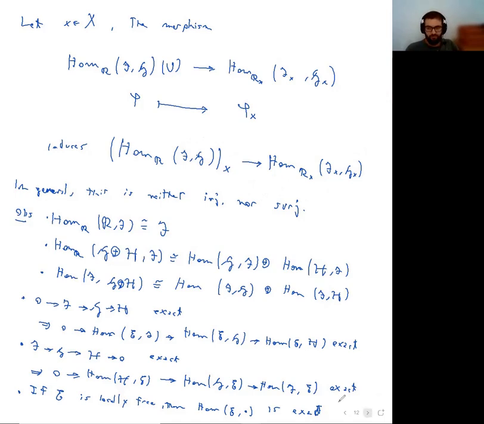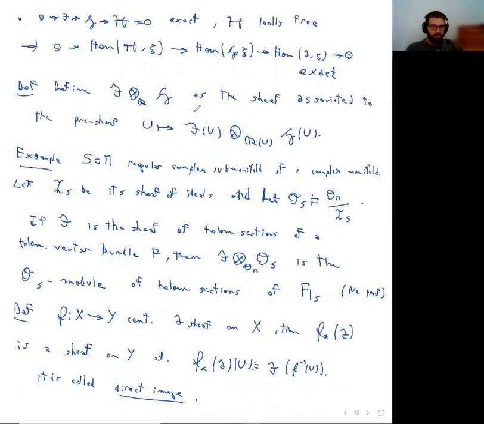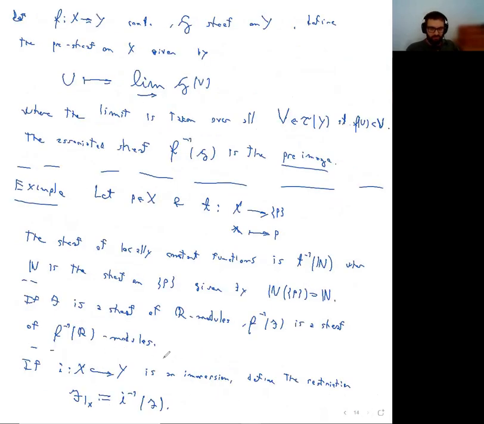You have to be a bit careful. And also perhaps knowing that the tensor product of sheaves is not trivially a sheaf. You have to take the sheaf associated to the trivial presheaf. And then we had a few examples, in particular this definition, the restriction of a sheaf to a submanifold.